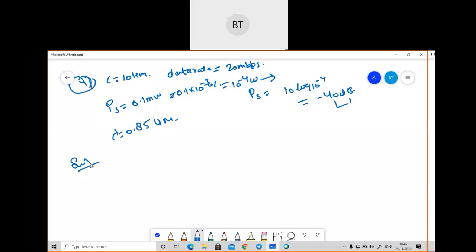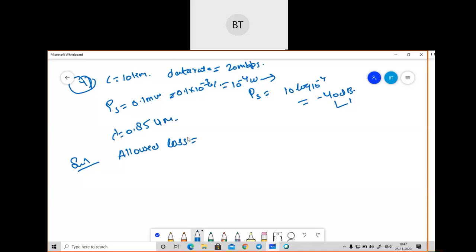So what the first problem is asking, we have already seen in fiber optics how many losses are there. Basically splicer loss is there, connector loss is there. So let me write all those terms which are given to us. First of all I have to calculate the allowed loss, that is, what losses we can actually bear in the case of fiber optics.